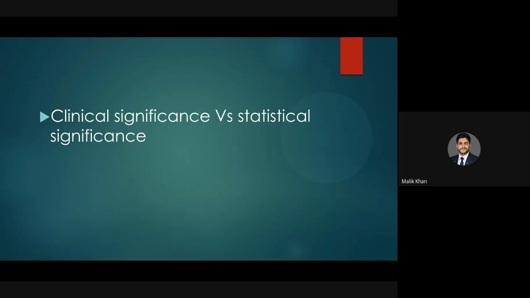Are my results statistically significant now, or are they not? Yes, because the error I was willing to accept was 5%, and my error in my study is 4%, which means that now I'm accepting my result. My results are statistically significant.